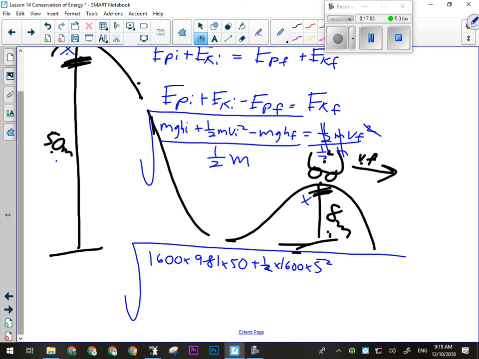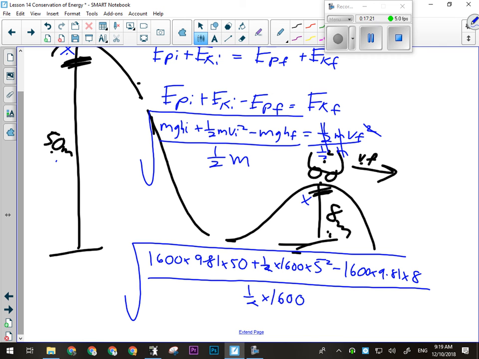Minus my final potential, so that'll be 1600 times 9.81 times 8 meters. And I'm going to divide that all by 1/2 times 1600, because that's what my formula says to do.